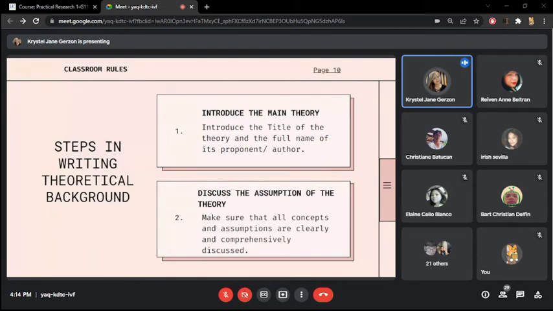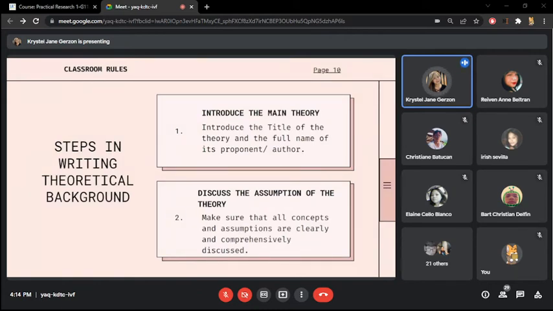When you look for theories later on, you wouldn't really expect to find a theory that would directly explain your topic. There are some topics that have embedded theories that explain them, but there are also a lot of topics that don't have direct theories that you can use. Let's say for example, online game addiction. If online game addiction is your topic, you wouldn't really expect that you can find an online game addiction theory or game theory or addiction theory.